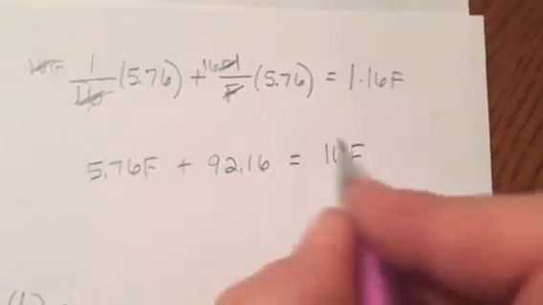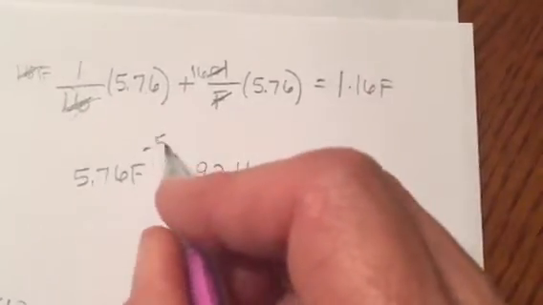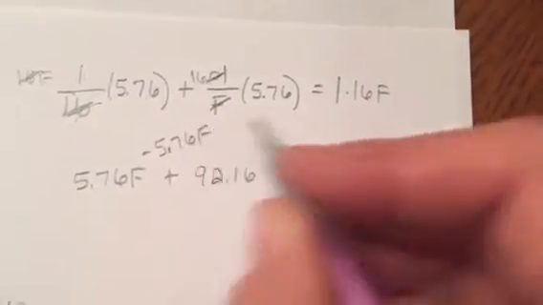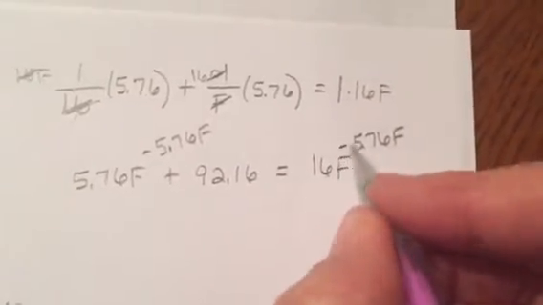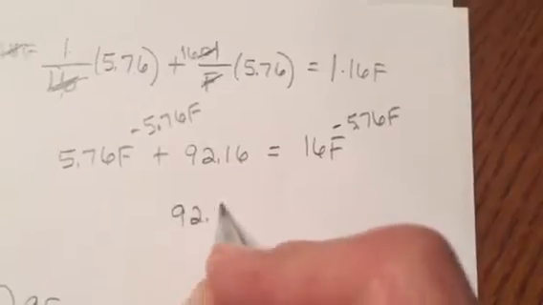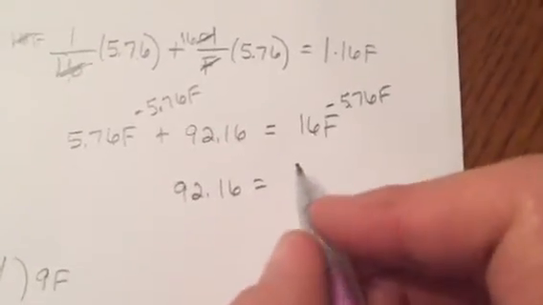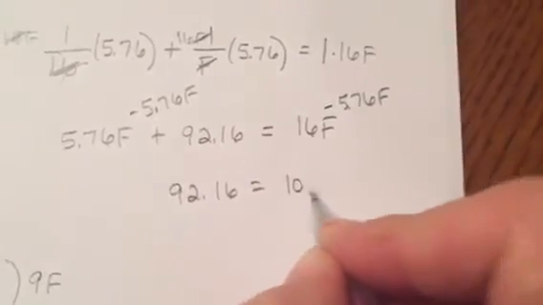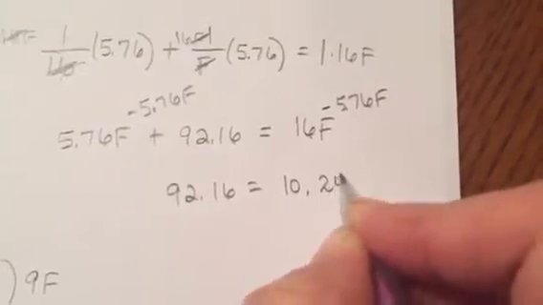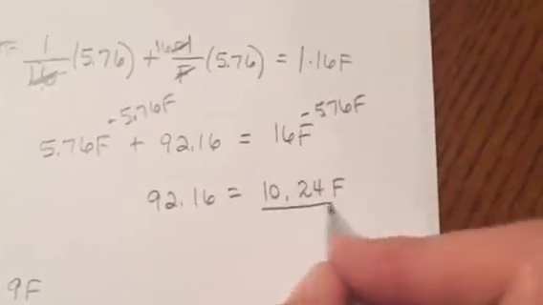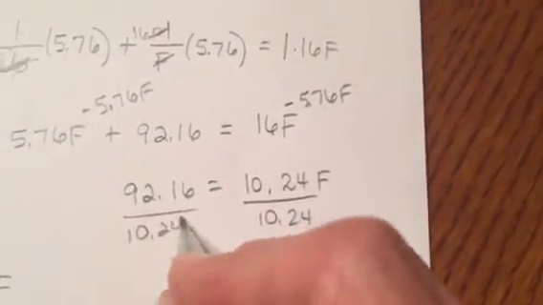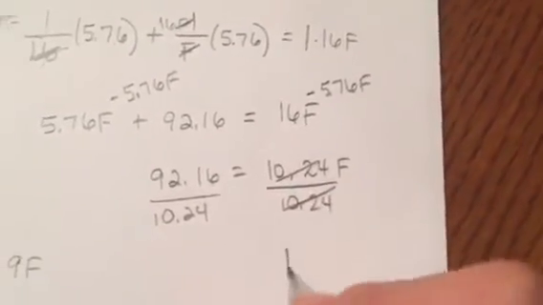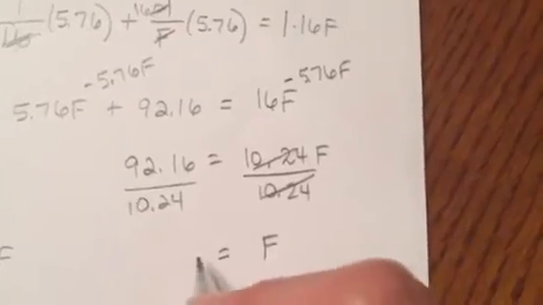Move your F over here so they can be together, so I'm going to subtract 5.76F from both sides. There's a subtraction sign here. If I subtract those, I think that gives me 10.24F. Divide both sides by 10.24. Let's hope this comes out pretty. Use your calculator, and F is going to be 9.